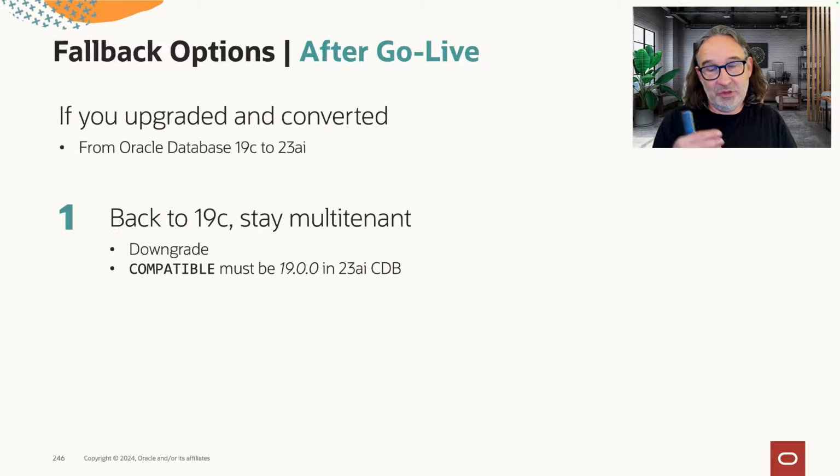In the 23ai PDB, you run the catdwgrd script, you unplug it, you plug it back into a 19c CDB environment you provided, and then you run catrelod. This reloads the PL/SQL engine and the database, and then recompiles. Interestingly enough, that usually runs faster than the upgrade in terms of timing. But in order to do so, remember that your 23ai CDB must be created with COMPATIBLE 19.0.0. If you created it with the default compatible setting, then you can't go backwards.